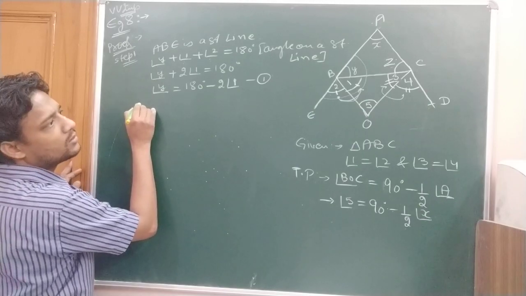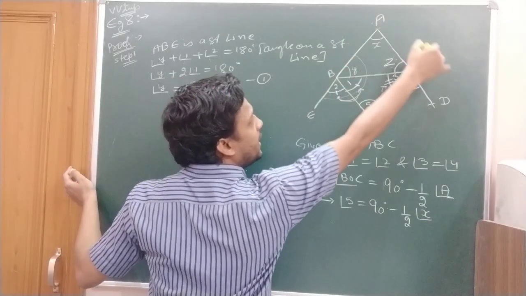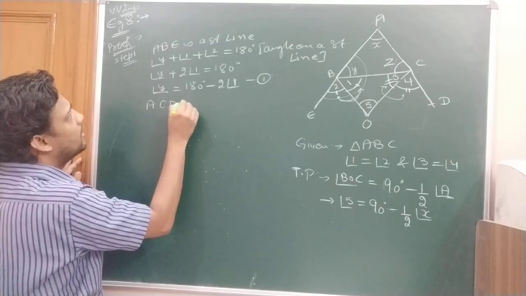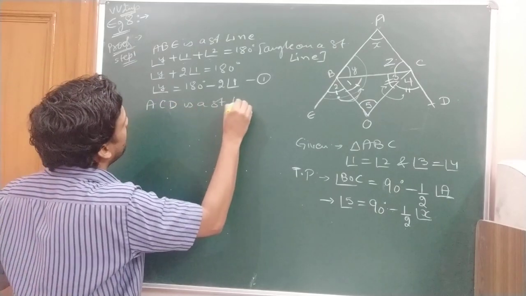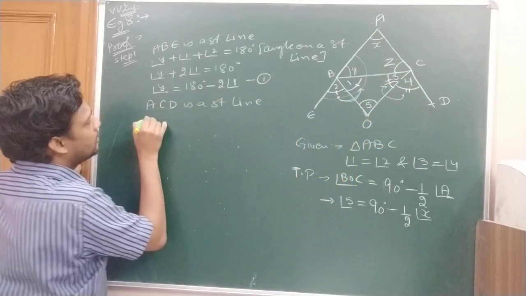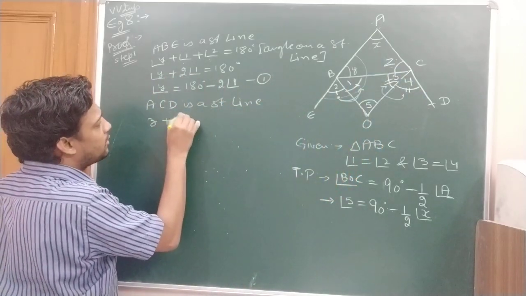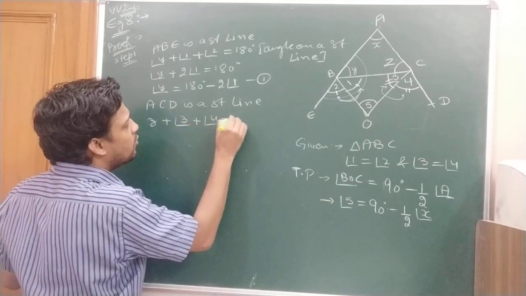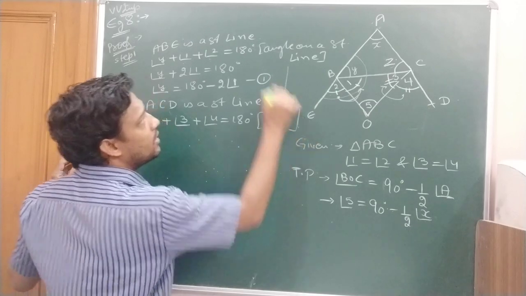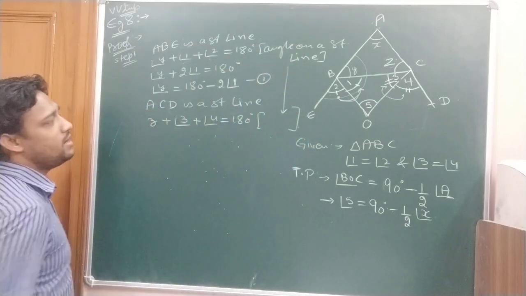Now, line ACD is a straight line. So similarly, angle Z, angle 3 plus angle 4 equals 180 degree. Reason? Same reason here: angle on a straight line.